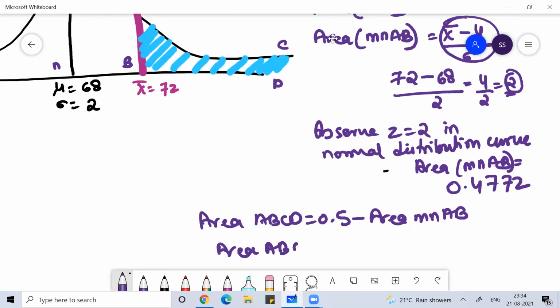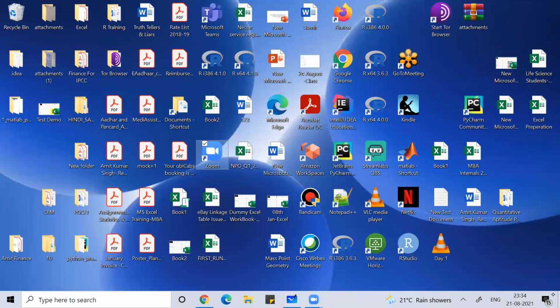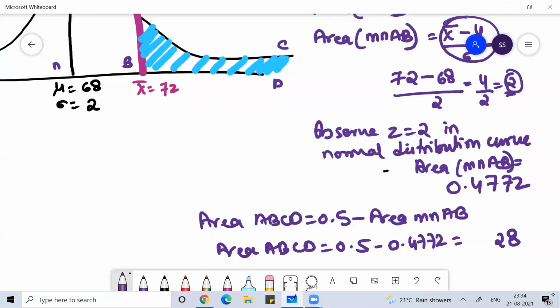So the area ABCD will be 0.5 minus 0.4772. This gives you the area value 0.0228.